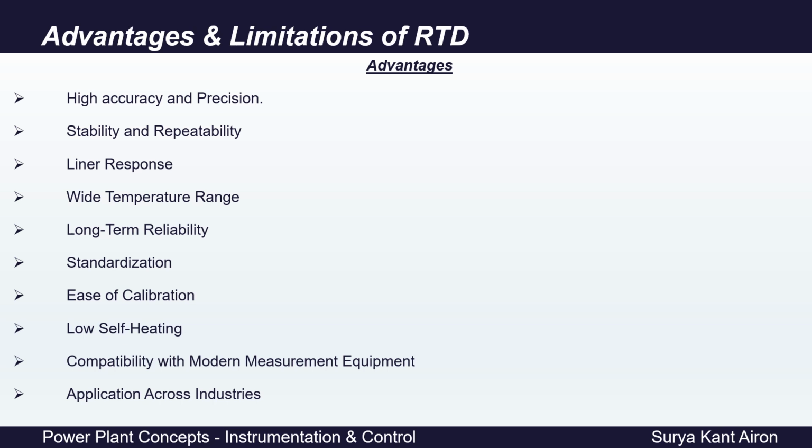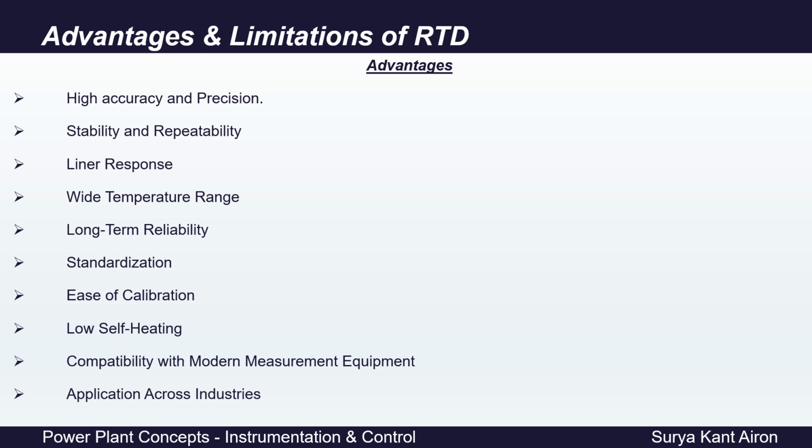Our first advantage is RTDs have high accuracy and precision, and the relationship between the resistance and the temperature is linear, allowing for a precise and reliable reading. Second, RTDs offer excellent stability and repeatability over time. This ensures consistent and reliable temperature measurement, making them suitable for applications where precision is critical.